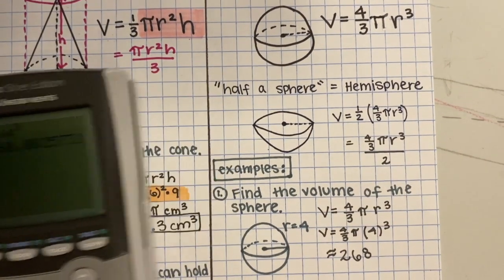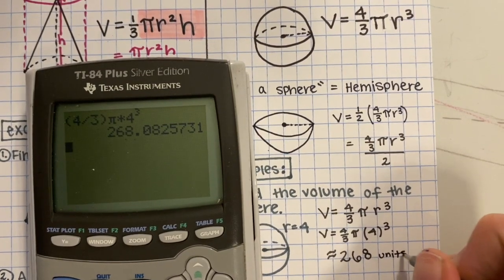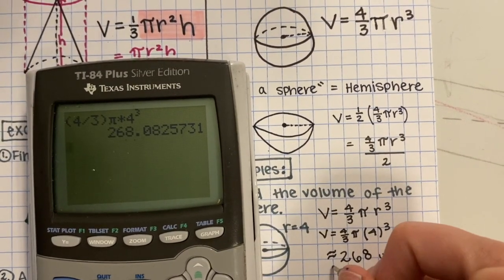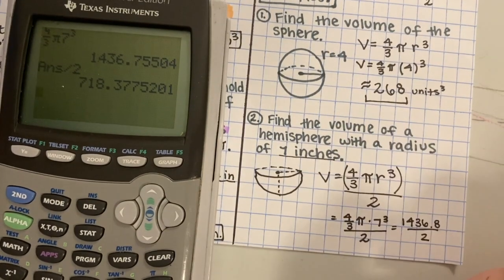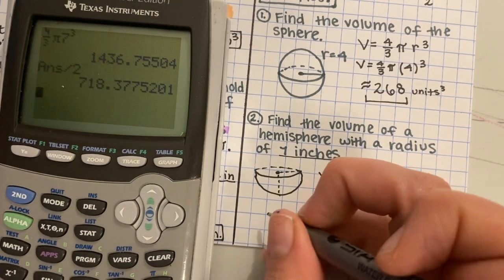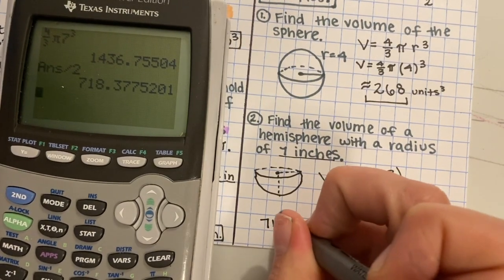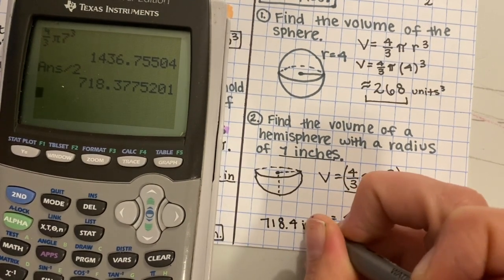And they did not give me any units. So I can say units cubed, or I can just have 268. So the hemisphere with a radius of 7 inches has a volume of 718.4 inches cubed.